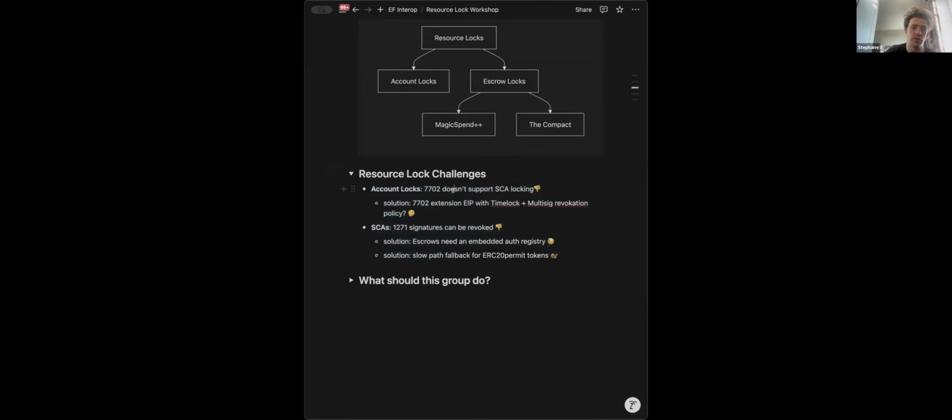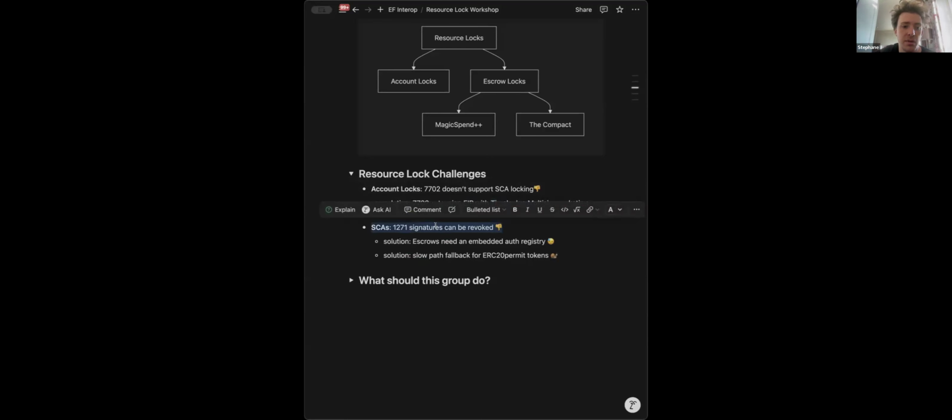Unfortunately, the current implementation of 7702 allows the EOA to revoke a delegation at any time, so the EOA retains root control over the account, which means you can't implement policies on the account that limit the revocation. But it would be possible to implement an EIP that does a different type of delegation than 7702, perhaps extends it, such that it allows policies such as time locks or multi-sigs as part of the revocation of the delegation.